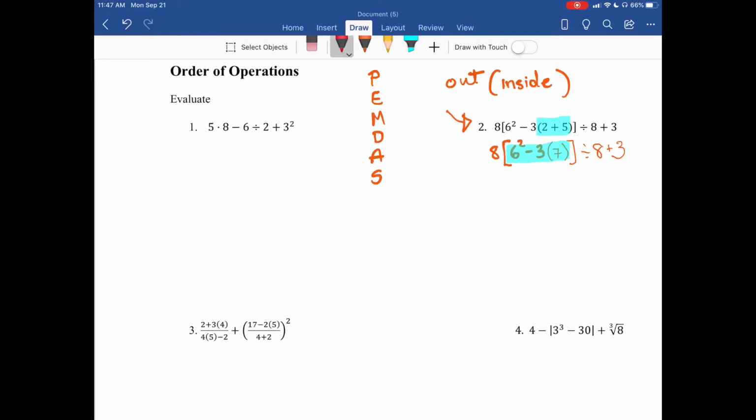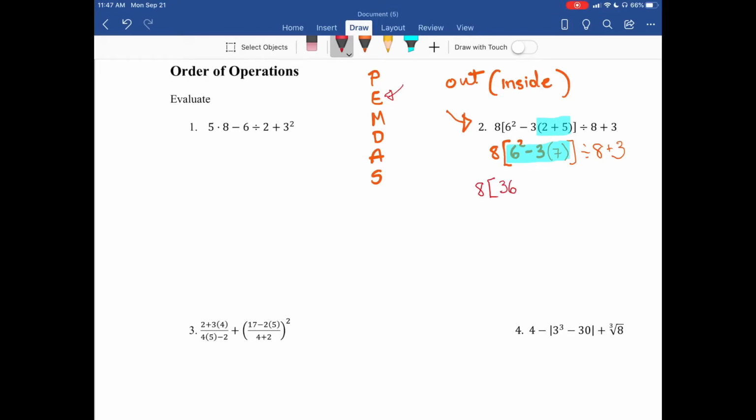Yes, we do. So that's our next step, is now we look in here and I'm focused on 6 squared minus 3 times 7, just that inside. And so which of those operations am I going to do next? Yes, I'm on the E, I'm on the exponents.